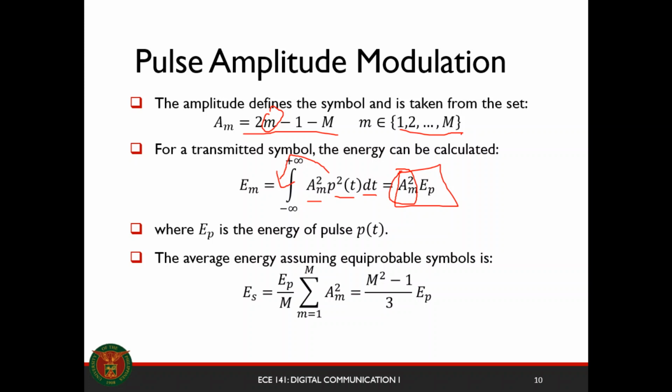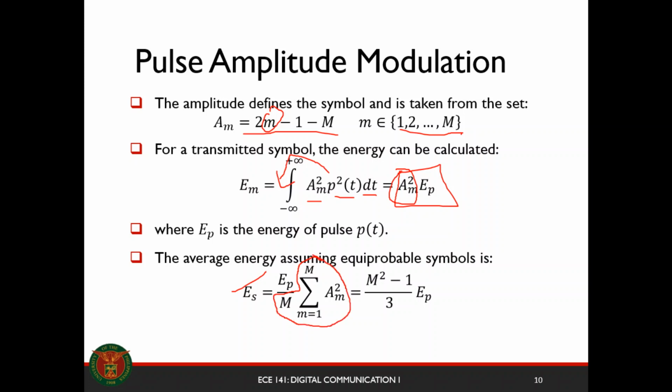Now the average energy per symbol, assuming we have equiprobable symbols, and equiprobable symbols is the most likely scenario, but I'm getting ahead of myself. So you just accept for now, equiprobable symbols is the most likely scenario. So the average energy per symbol is just getting the average of all the different amplitudes.